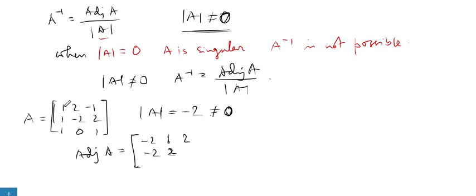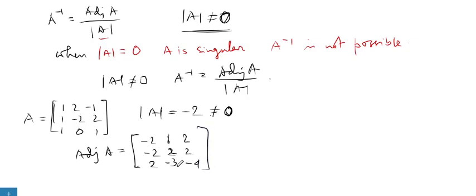And the third element, 2 minus 0. Then the first element of the third row, 4 minus 2, that means 2. Then 0 would be minus 1 minus 2, that is minus 3, and the last one would be minus 2 minus 2, minus 4.